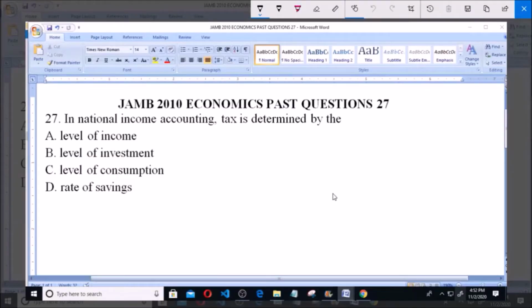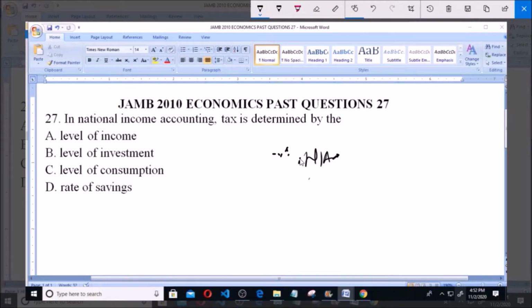Economics past question number 27 says in national income accounting, tax is deducted by the. National income accounting may be defined as the ways or means of computing or determining the money value of the total volume of goods and services produced, or the total income earned in a given country over a period of time, usually a year.